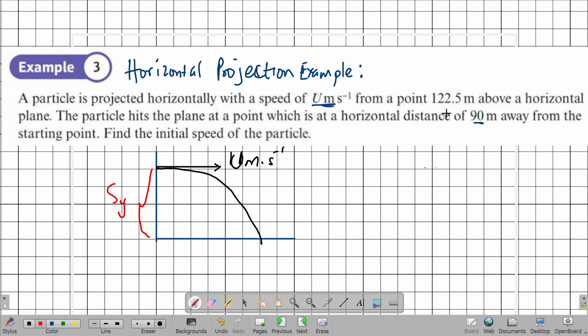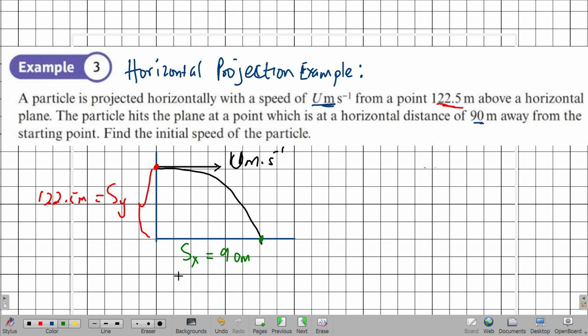And we have been told that this particle here, probably a tennis ball, was 122.5 meters above the ground, or above the horizontal plane, which is this one. And at the same time, it needed to go a horizontal distance sx of 90 meters up until this point. So that's what we have been given here.